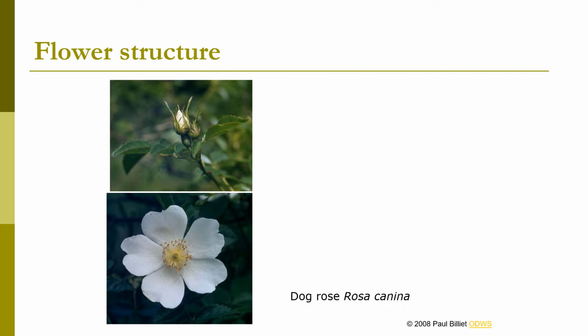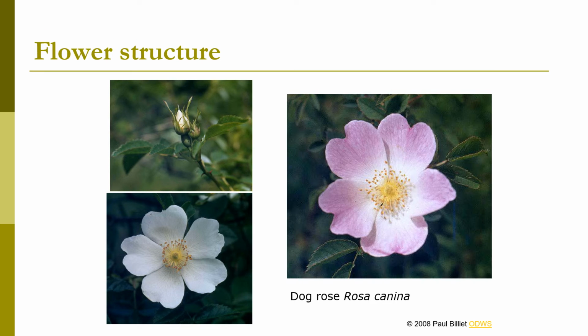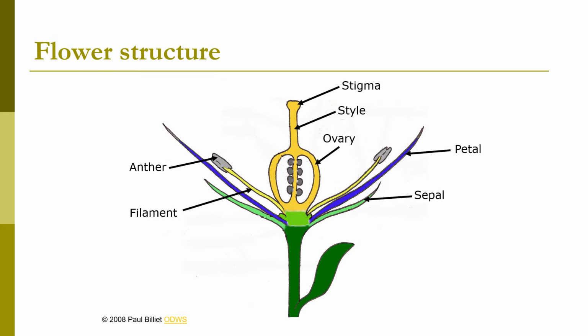This is an example of flower structure. So flower structure has basically different parts. We have the stigma, style, and ovary, which is the female part of a flower.